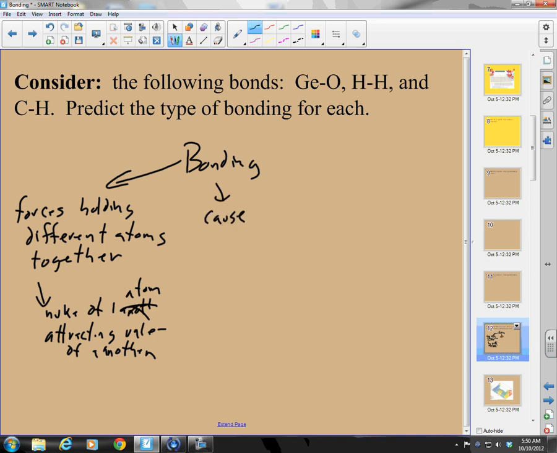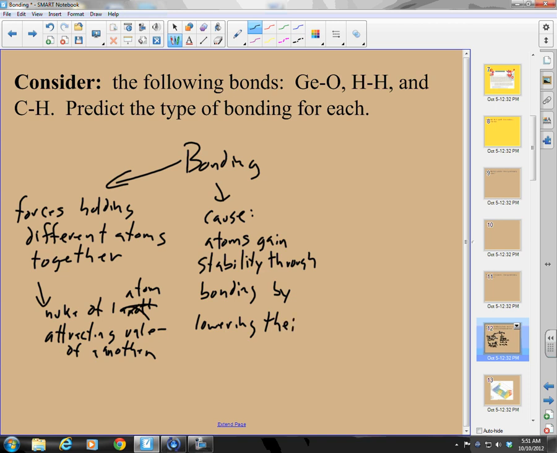And then we said, what is the cause? Why does this happen? Atoms gain stability through bonding. And how do they gain stability through bonding? By lowering their potential energy. The atoms have less potential energy when they're in the bond than when they are out of the bond, and that makes them more stable.